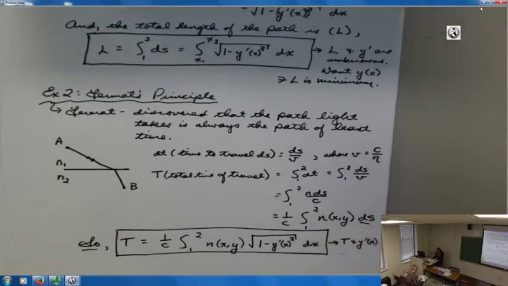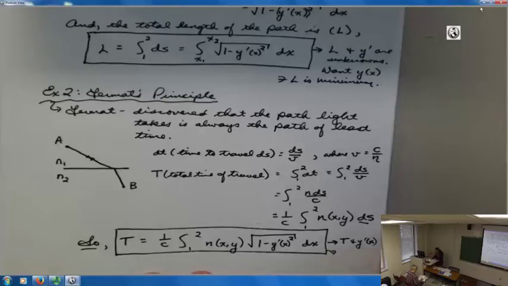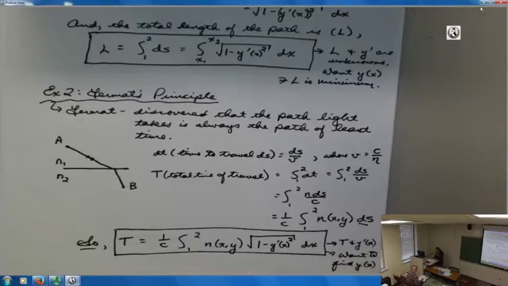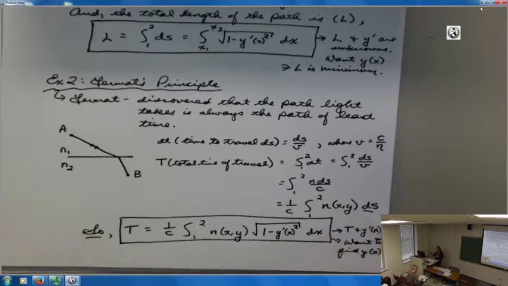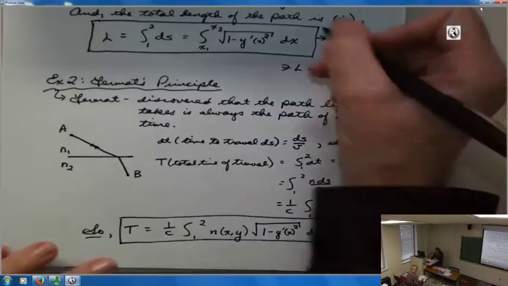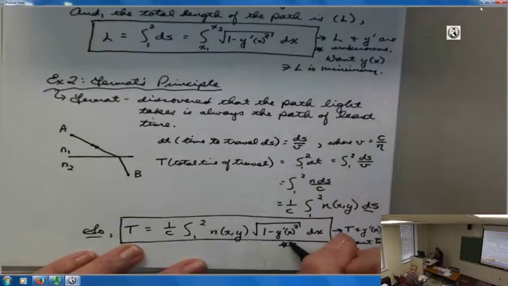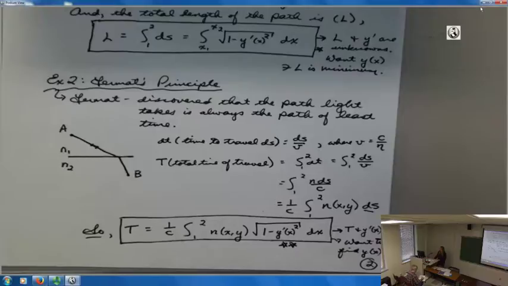So again, this is a situation where I want to find y of x for the case where my integral has the minimum value. In theory, mathematically, we should be able to do that. But again, we're going to put a pin in it. These are both similar equations. I'll call this one star, I'll call this one double star. We're putting pins in for right now until we're able to solve them.